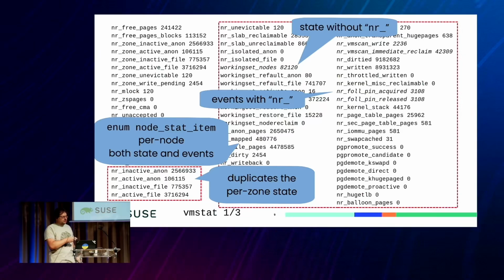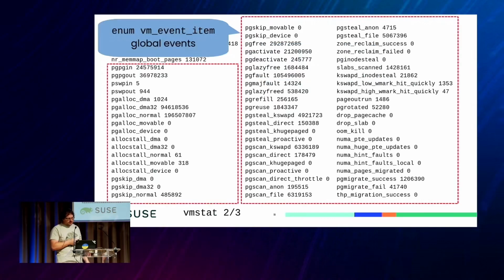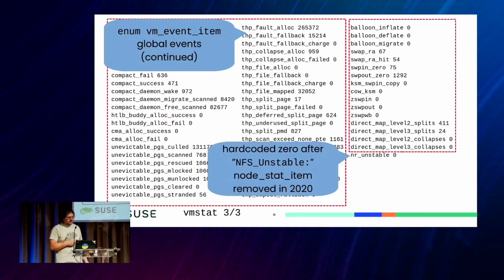Here are also some examples of the inconsistencies. These are events, and they start with an R, and this is a state that can go up and down and doesn't start with an R. Then there's some global state, which surprisingly is just a few counters. There's not much about it, and most of vmstat are global events, and these contain the most interesting ones.